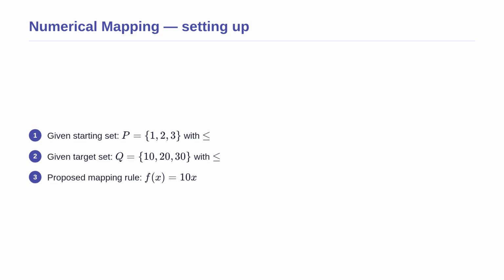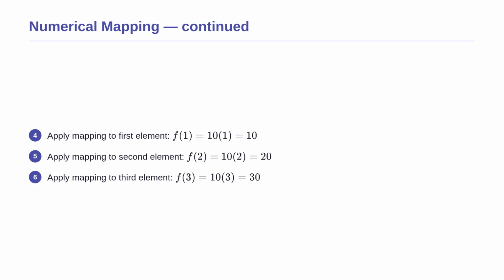We are asked to prove that the mapping rule f of x equals 10 times x creates a valid order isomorphism between these two sets. To solve this, we must first verify that the mapping is a perfect one-to-one pairing and then test the order preservation rule. Let us test the bijection requirement by applying our mapping rule to each element.